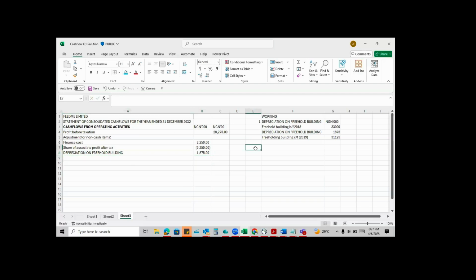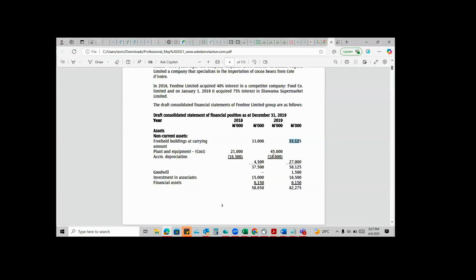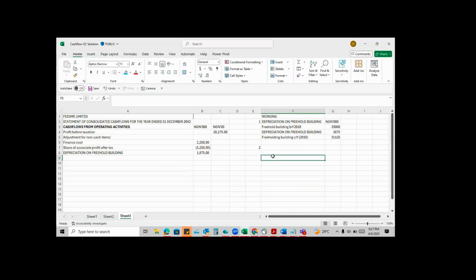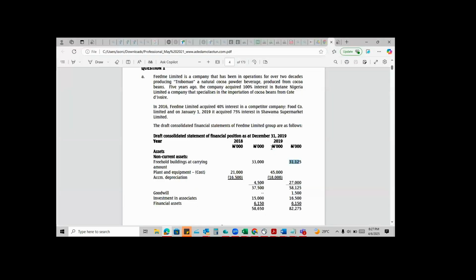Is there any other item of PPE there? Oh, there is PPE there. You can see PPE was segmented into its cost element and its accumulated depreciation element. So pay attention to this. To get the depreciation for the year, I need to be careful with the additional information.